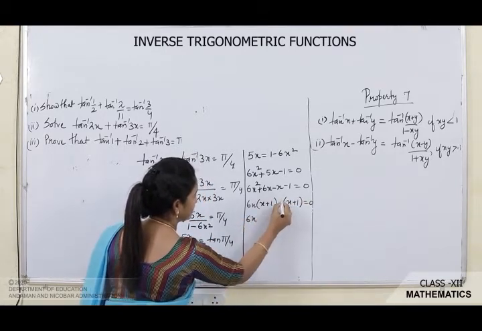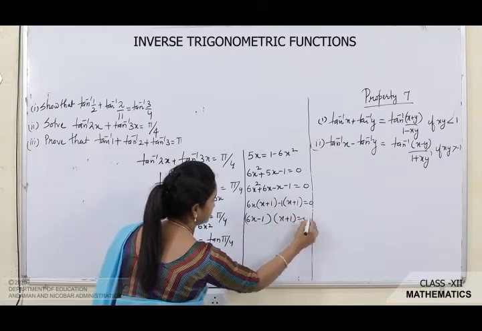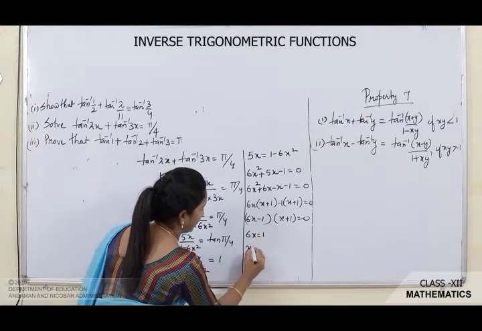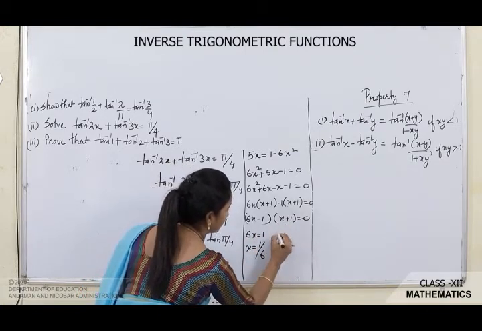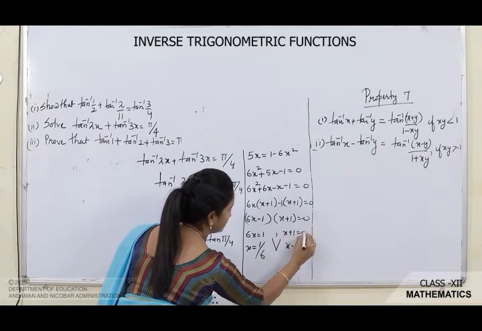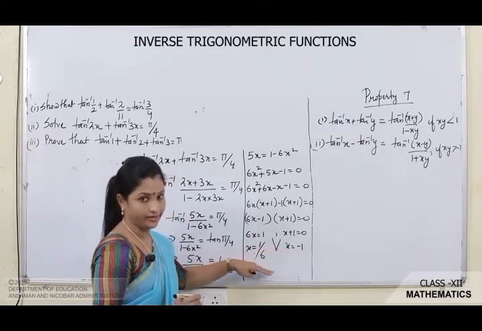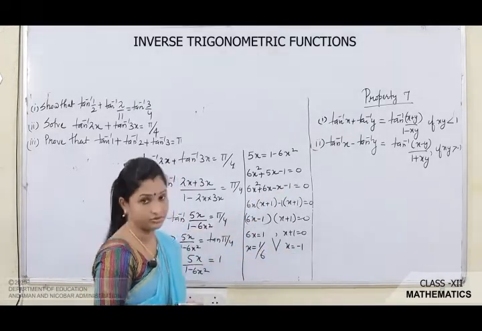So (6x minus 1) into (x plus 1) is 0. तो यहाँ पे आपको मिलेगा 6x is equal to 1, मतलब x is equal to 1 by 6, और यहाँ पे आपको मिलेगा x plus 1 is equal to 0, मतलब x is equal to minus 1. Now two values you got. Now which value is suitable, for that you have to see the condition.